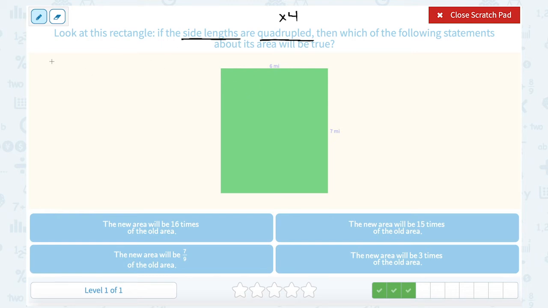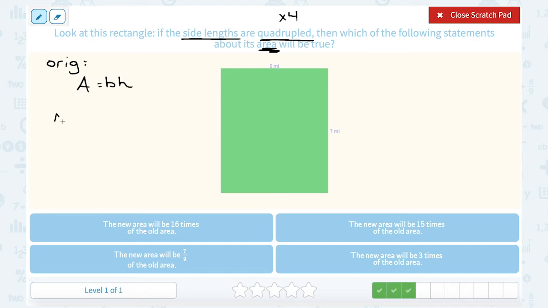Okay, well, the original area, since they're talking about area, so we really have to read here carefully. The original area would be the base times the height. Now, for all of these problems, when I'm changing the formula, I'm assuming b and h stand for the same original number, right? In this case, 6 and 7.